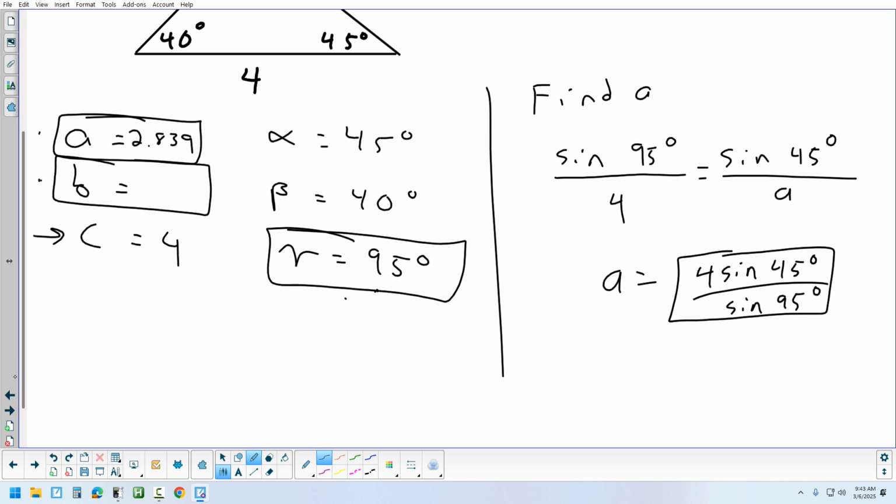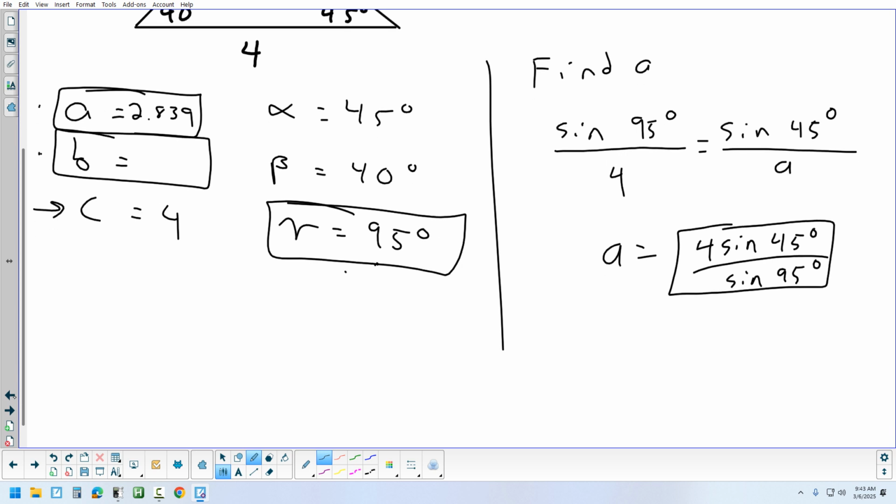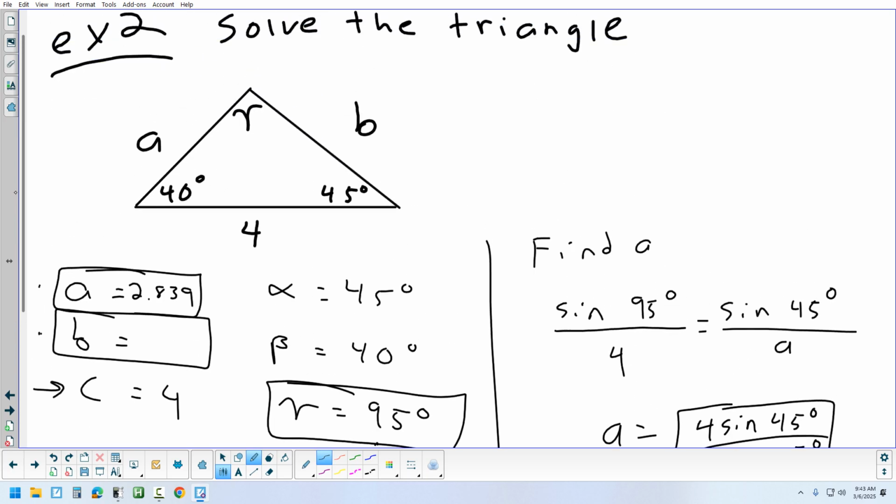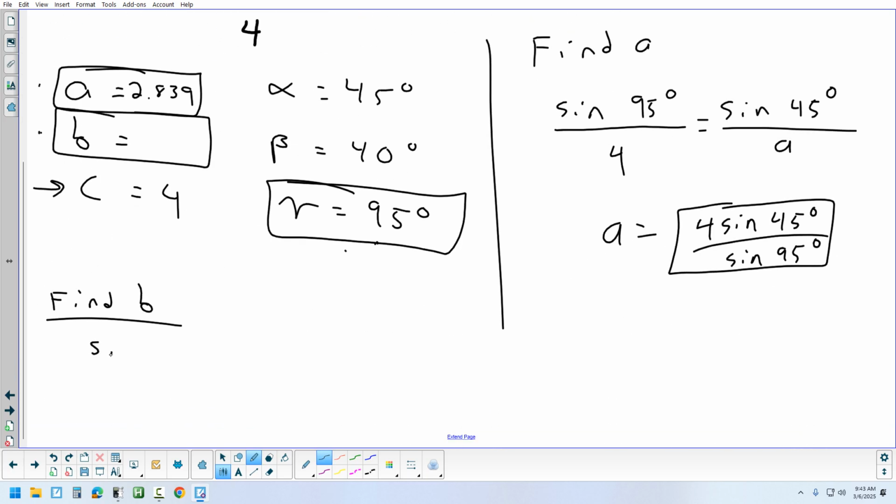Okay, and let's look at finding B. So find B. We're going to set it up, start it out the same way. Okay, what could I put on the left? Sine 95 for sine gamma over c.